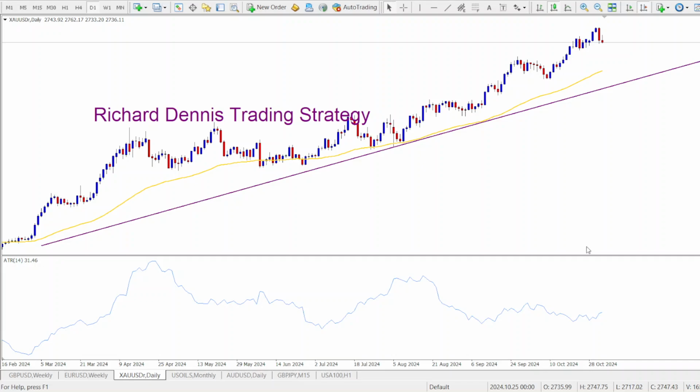Now, we can't overlook the importance of risk management. Richard Dennis emphasized that protecting your capital is just as critical as making profits. In my opinion, if you can't learn how to protect your capital, then you might not be profitable in the long run, because preserving your capital is even more important than making profit.